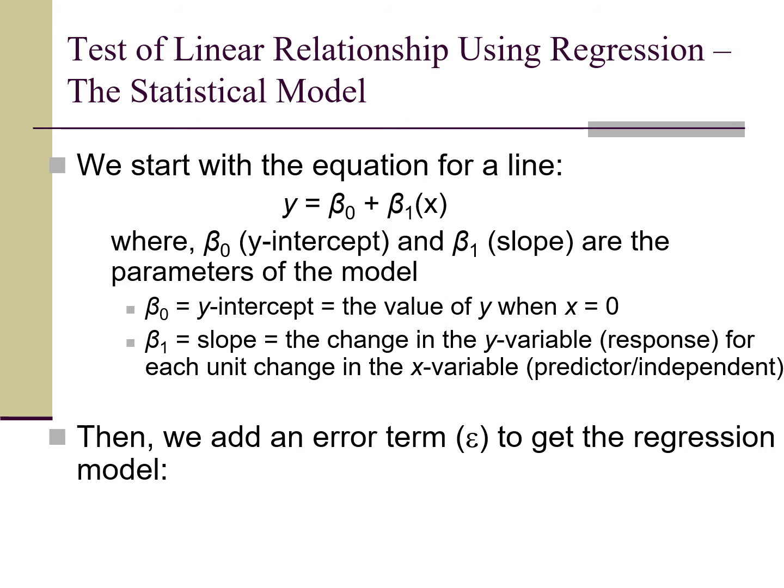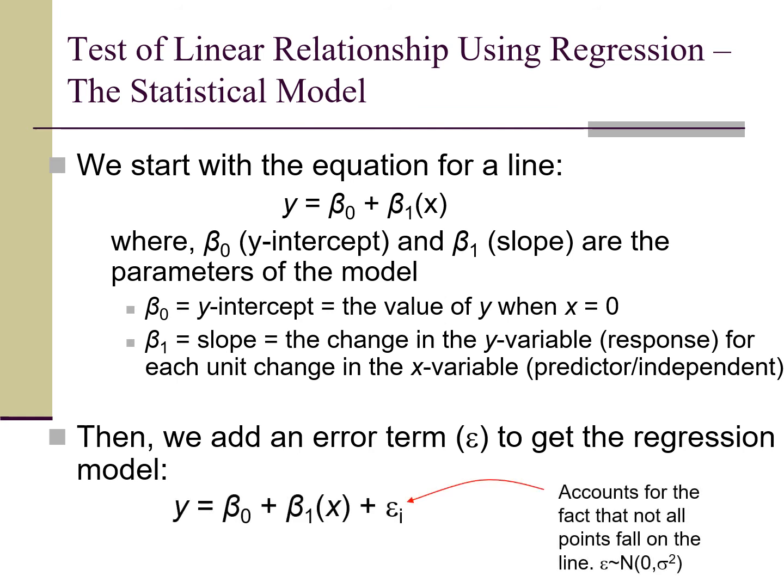Okay, so the y-intercept is the value of the number of species when there's been no years since a fire. And B1 is going to be the slope of that line, the change in the response for each unit change in the X variable. And then we've got to put on the error term to make it a regression model.